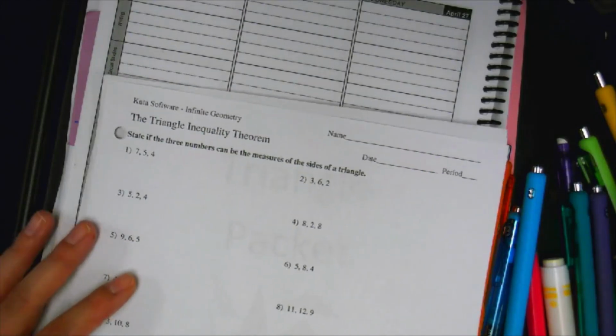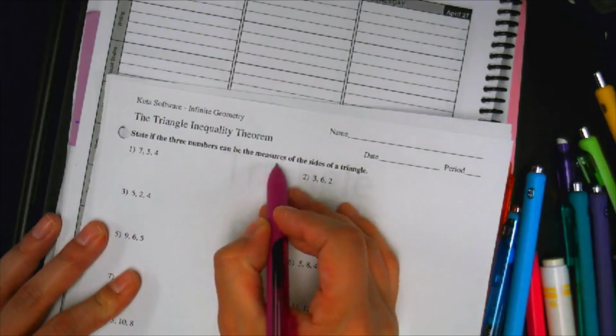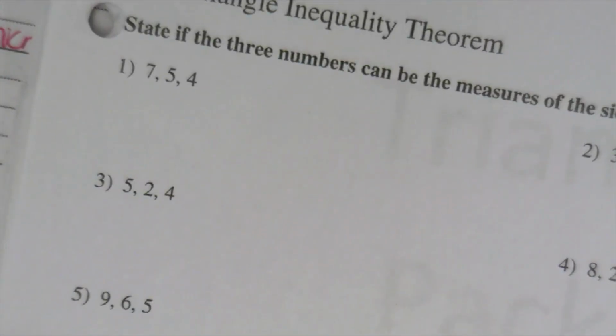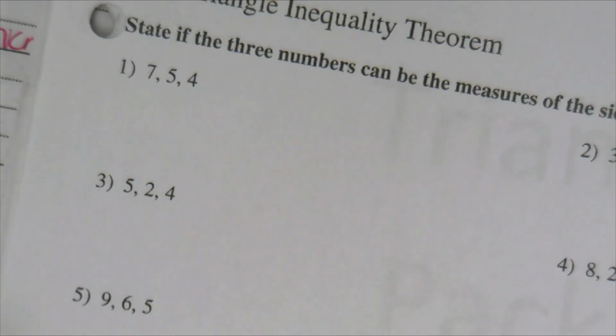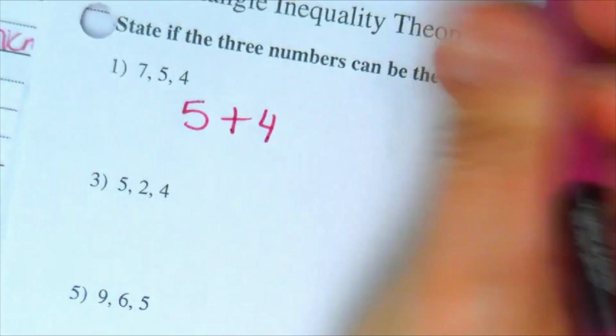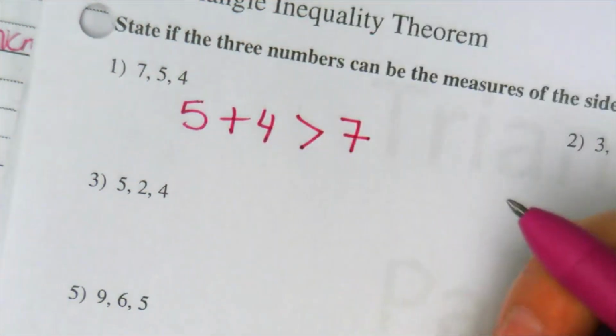So, state if the three numbers can be the measures of sides of a triangle. Can I build this triangle, but I don't have a protractor or a compass to use, right? Okay, what are my two smallest sides? So if I add 5 plus 4, it has to be bigger than the longest side.